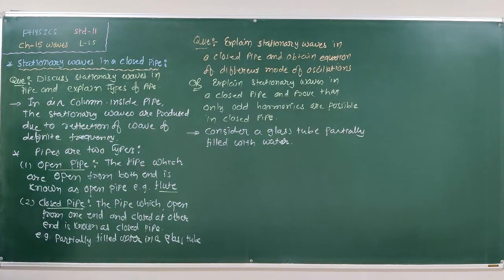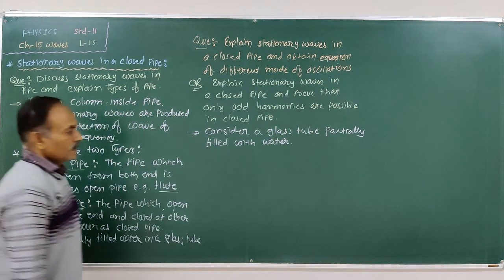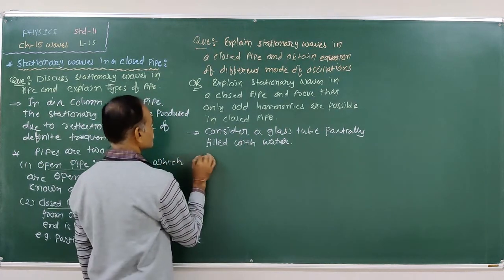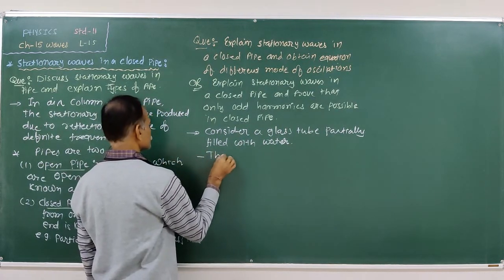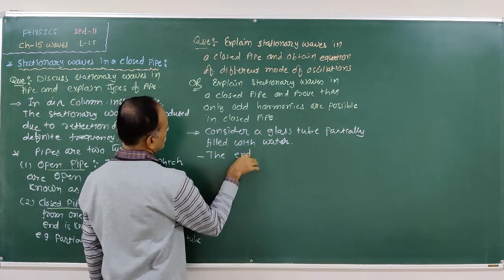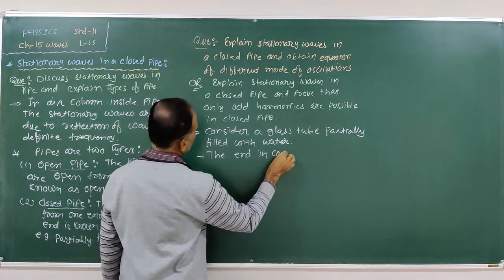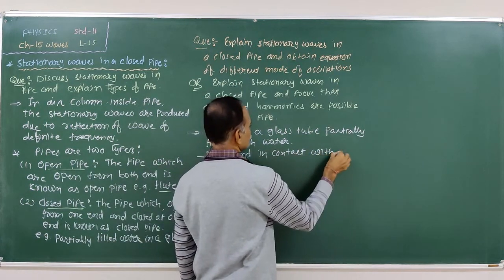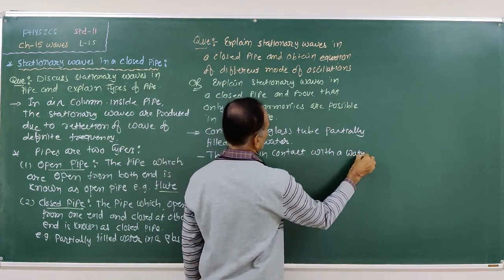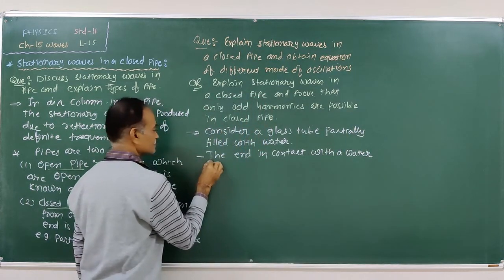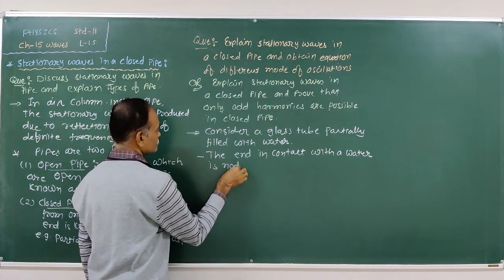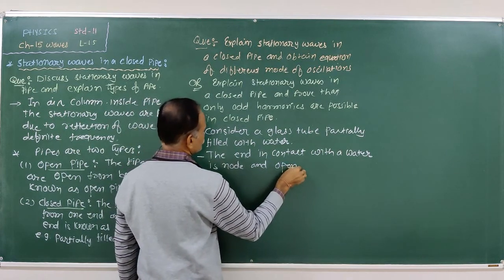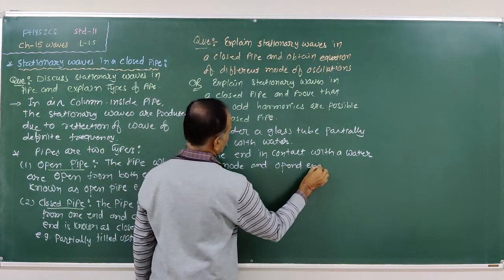The end in contact with the water is a node, and the open end is an antinode.